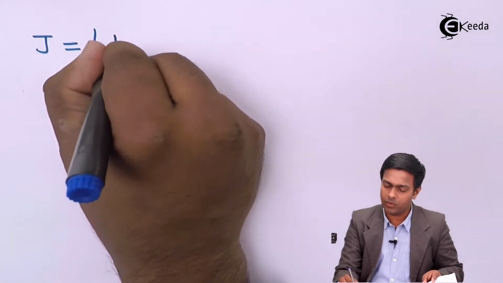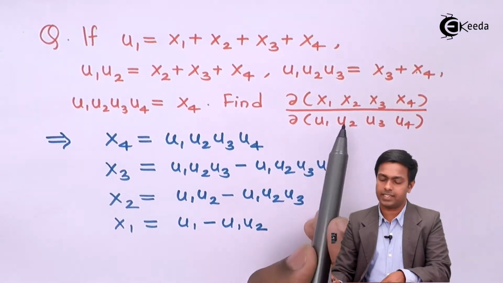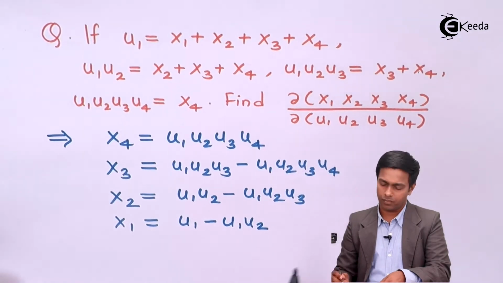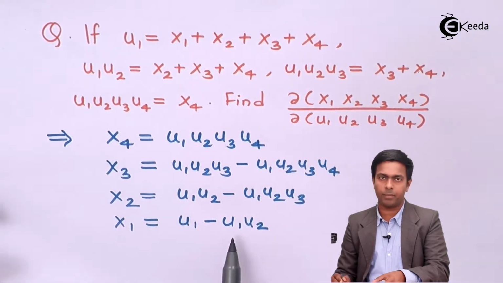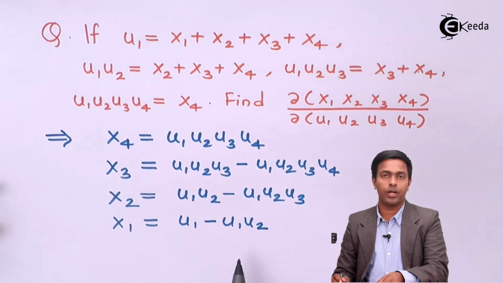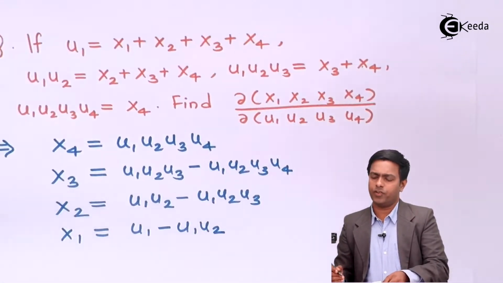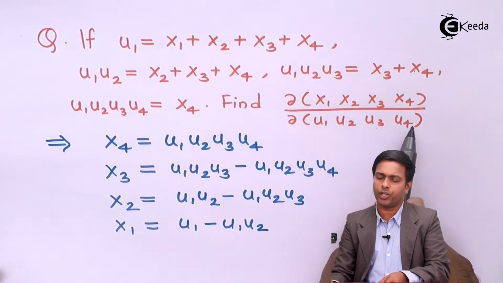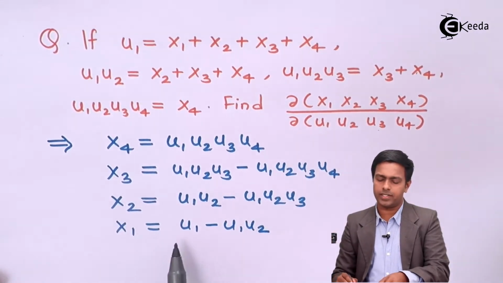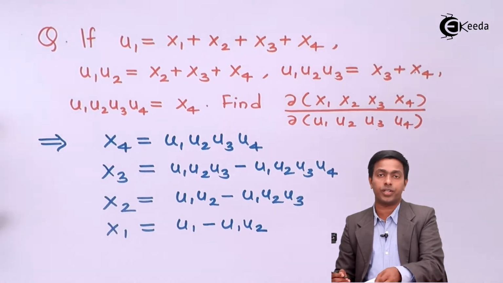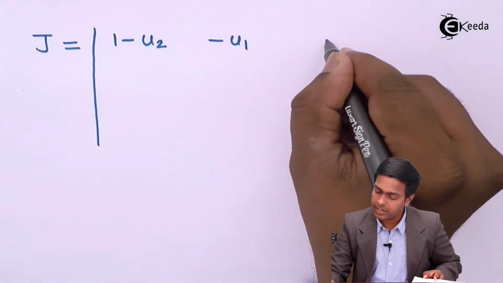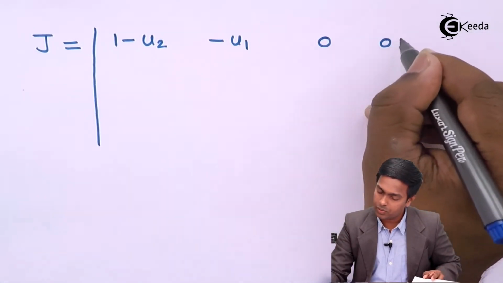I'll directly write down the answer. Then we'll differentiate x1 with respect to u2, so we will get here 0 and here minus u1. Next we'll differentiate x1 with respect to u3 and u4, but we'll get 0 since x1 does not have u3 and u4. So guys, here I'll straightforwardly say it's 0 and 0.